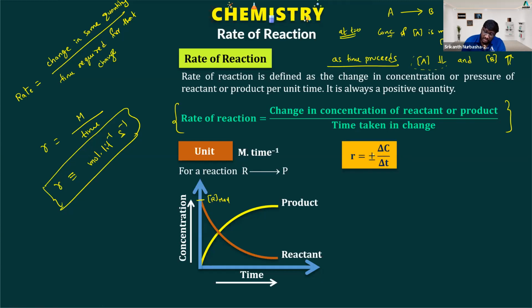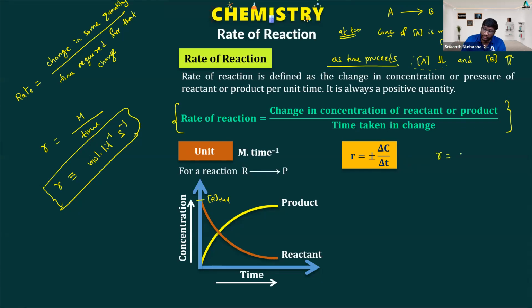So rate is equal to plus or minus delta C by delta T. Delta represents change, C represents concentration, and delta T is the time required for that change. You write the plus symbol whenever you write the change in concentration for products, because the concentration of product is increasing over time. But whenever we write with respect to reactant, you have to use a minus sign.